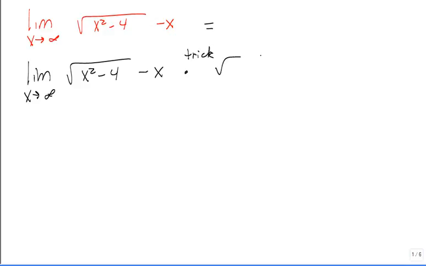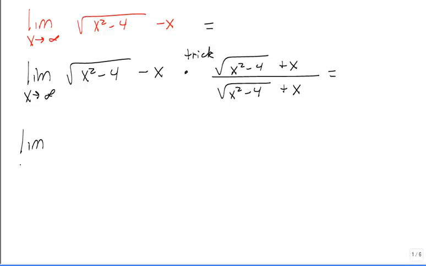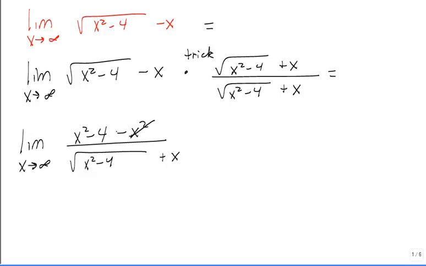So I'll just call it a trick. Multiply by the conjugate, the numerator and the denominator. Now that's going to give you, those are going to cancel.